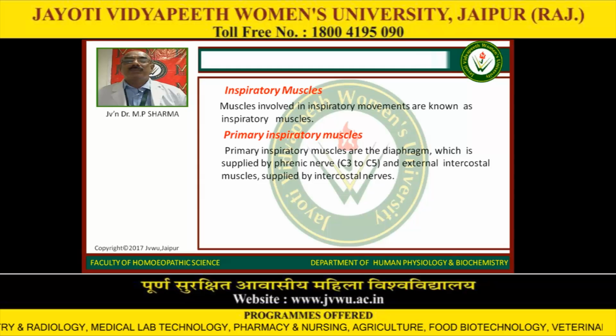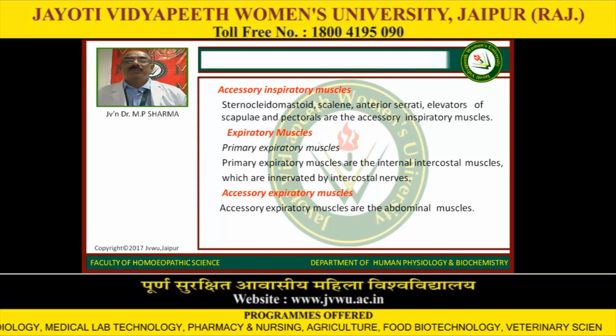Primary inspiratory muscles are the diaphragm, which is supplied by the phrenic nerve C3 to C5, and external intercostal muscles supplied by intercostal nerves. Accessory inspiratory muscles are sternocleidomastoids, scalenii, anterior serrati, elevators of the scapula and pectorals.